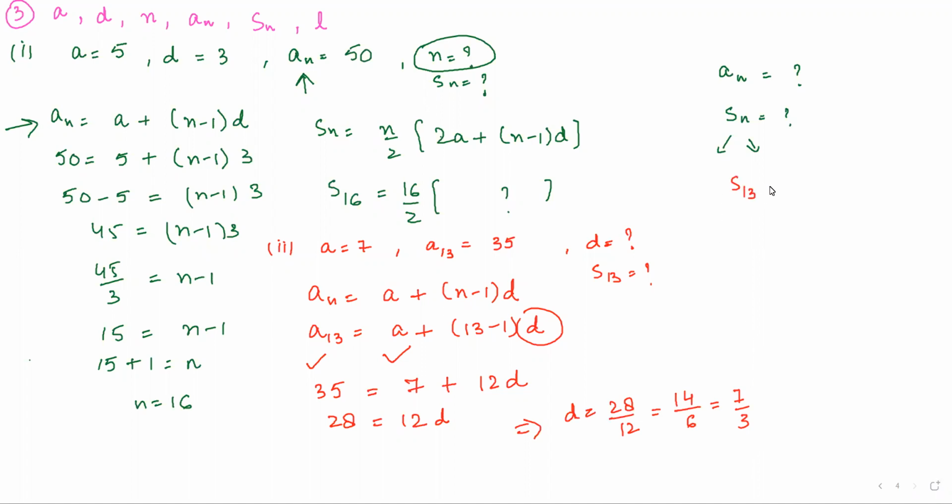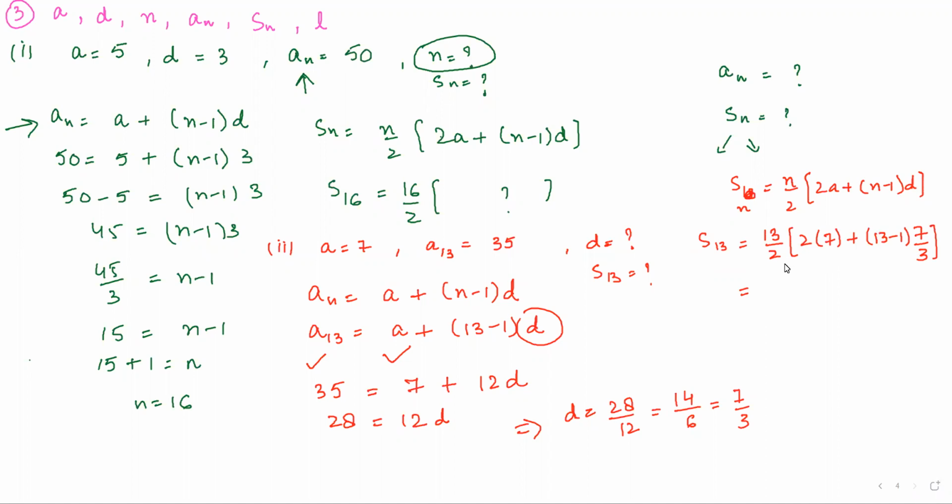First write Sn is equal to n by 2 into 2a plus n minus 1 into d. So S13 becomes 13 divided by 2 into 2 into a, that is 7, plus 13 minus 1 into d, which is 7 by 3.